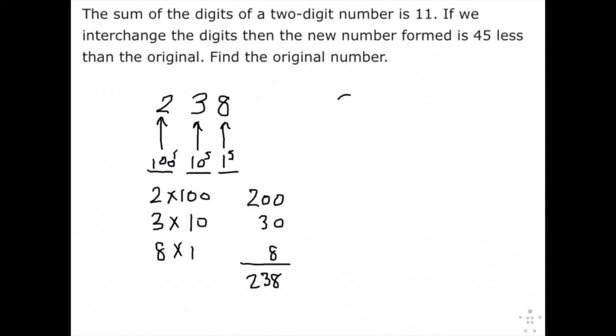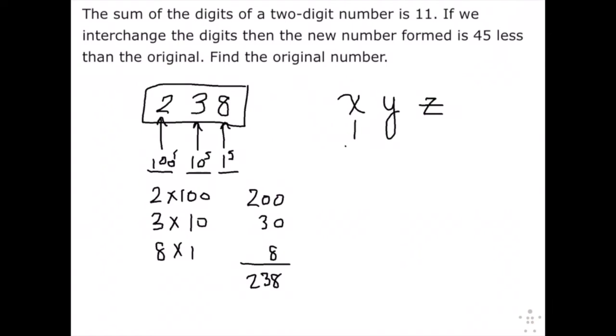So likewise, if I had a number that I was representing with variables like x, y, z, and I told you it was a 3-digit number, this would not be mathematically represented as x times y times z, because mathematically that would mean I'm multiplying x times y times z. But just like over here, I was not multiplying 2 times 3 times 8. I was using these tens, hundreds places.